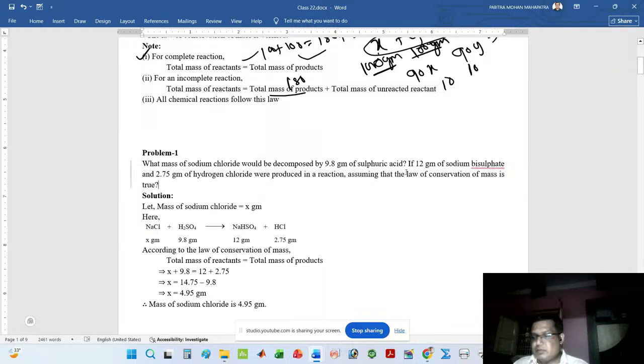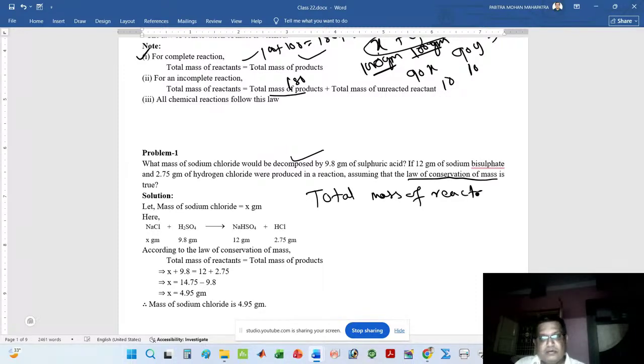Here an important point is given, that is, the law of conservation of mass is true. True means the law of conservation of mass is satisfied by this chemical reaction. So here I can say that for a complete reaction, total mass of the reactant is equal to total mass of the product.